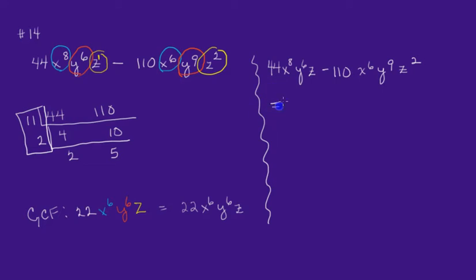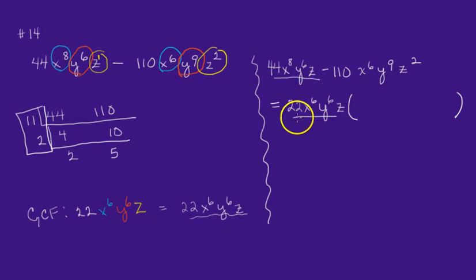We found our greatest common factor: the 22 x to the 6th, y to the 6th, z. So to factor this, I need to find what factor I can multiply this by that will give me this.